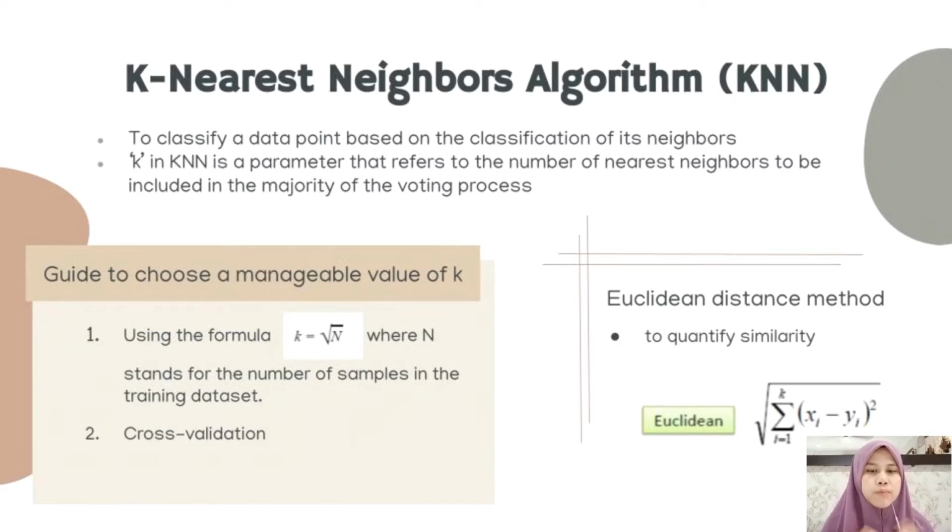Then we approach the Euclidean distance method for this project, as it is considered one of the most popular methods in KNN. This method is used to quantify similarity.